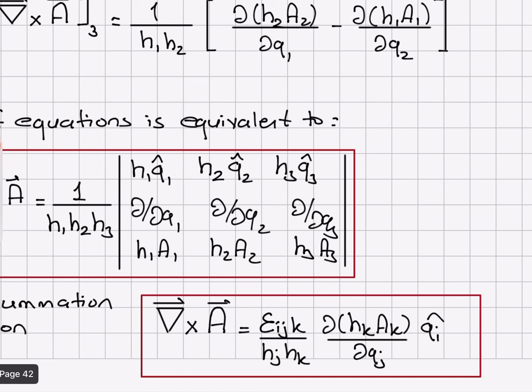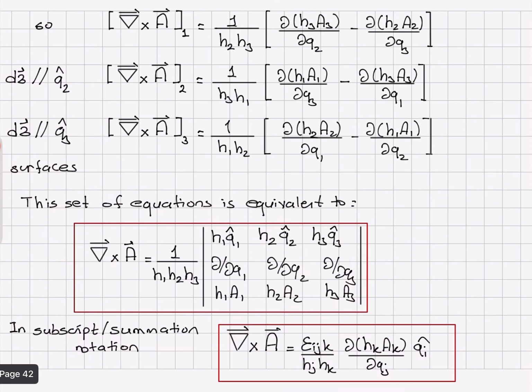So we have ∂/∂qj with 1 over Hj, that gives me the gradient operator, and then the k component of A, ∂ of hk ak divided by hk. So this is the generalized version for curvilinear coordinates in Qi hat direction. I can remember it this way.